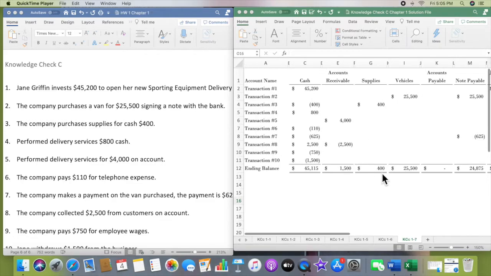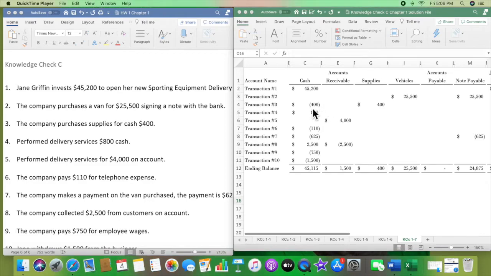The next transaction, the company purchases supplies for cash for $400. Alright, so we got two accounts being impacted, the supplies account and the cash account. The cash is a decrease because Jane paid $400 for the supplies, so there's a decrease in the cash account of $400.